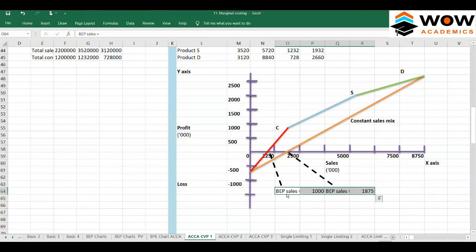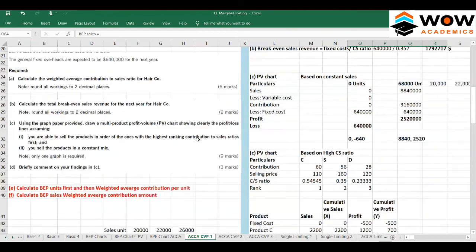When you sell a higher CS ratio product, it will break even sooner than a product which has a lower CS ratio, whether it's the weighted average CS ratio or the individual CS ratio. It will break even later if it has a lower CS ratio, or PV ratio. So that's about this concept and this sum. We have ended this sum here. So we'll move on to the next problem.